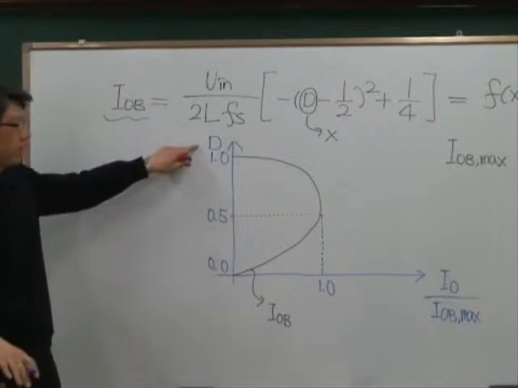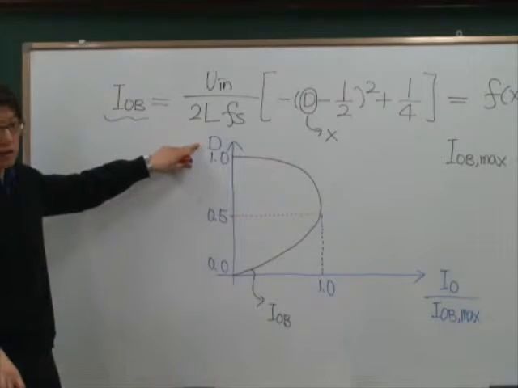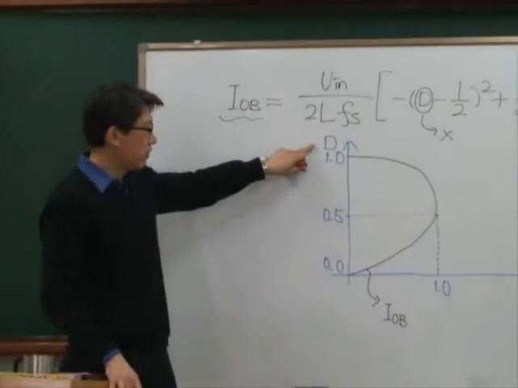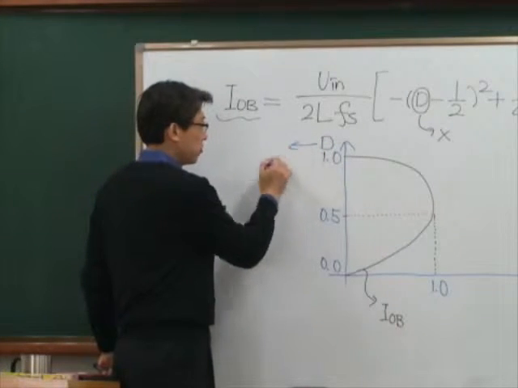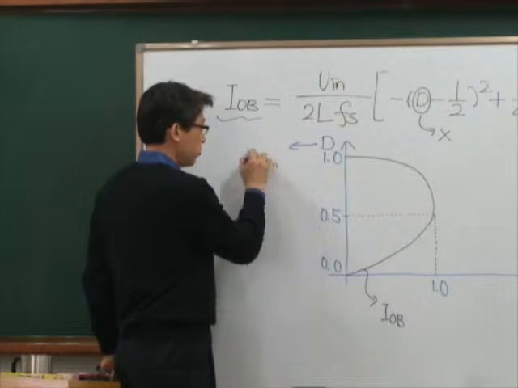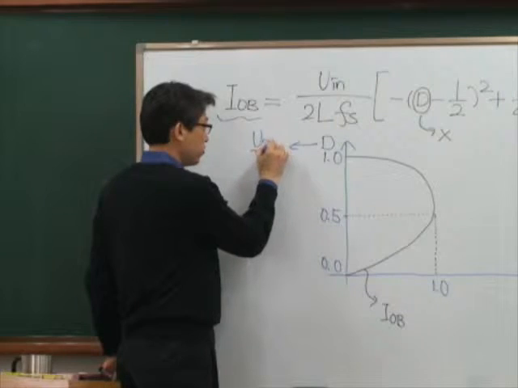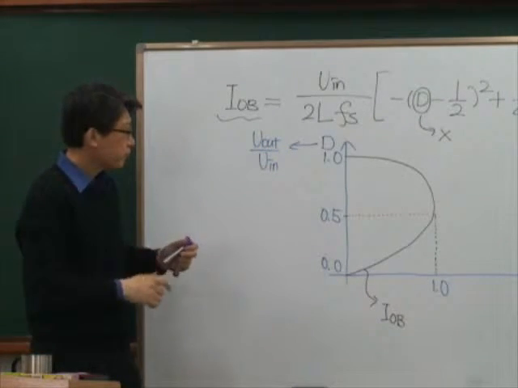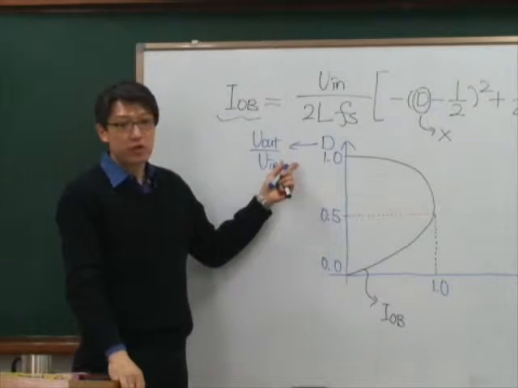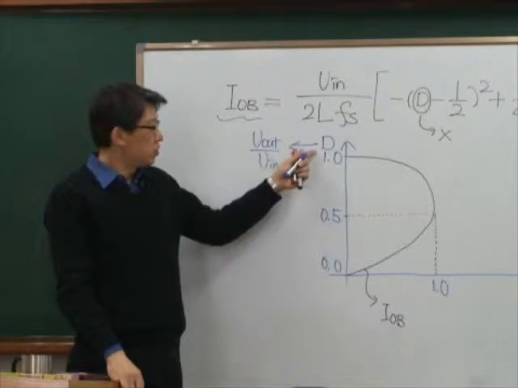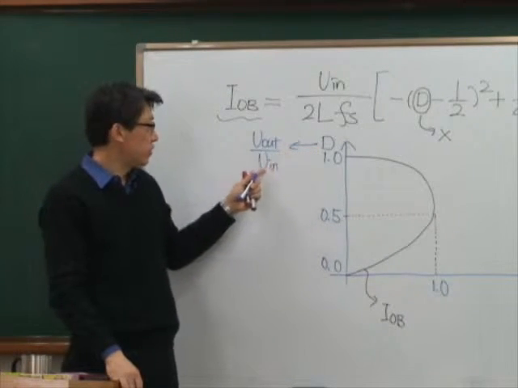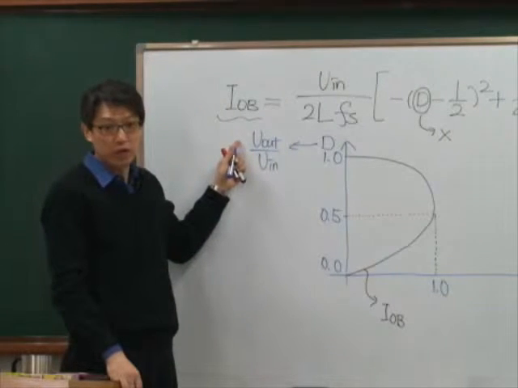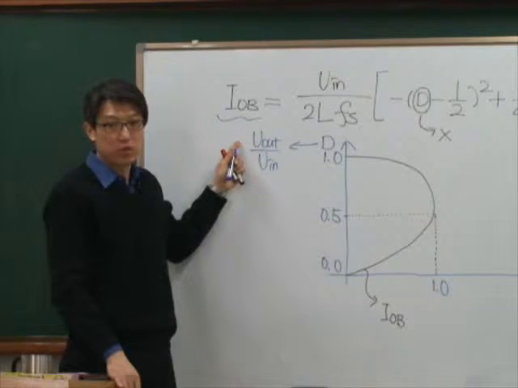If I switch the vertical variable to V input over V output, okay? Then everybody knows that this duty is equal to V input over V output under continuous conduction mode.